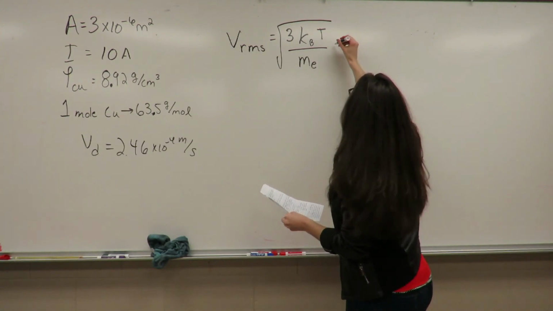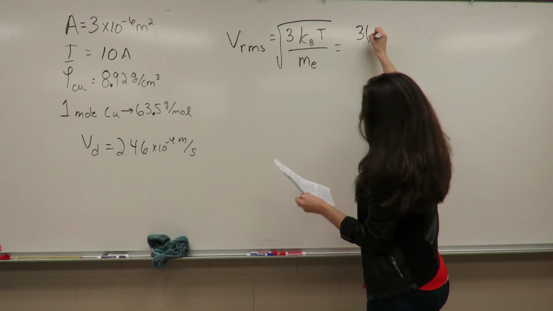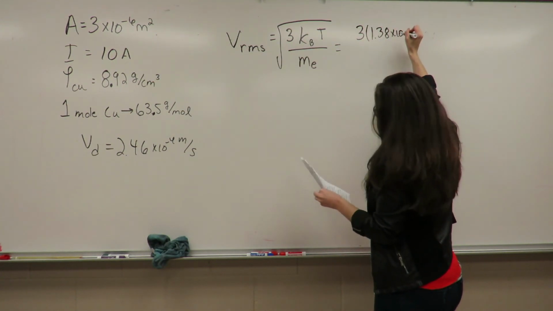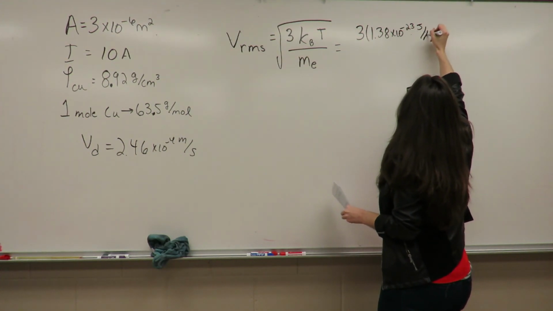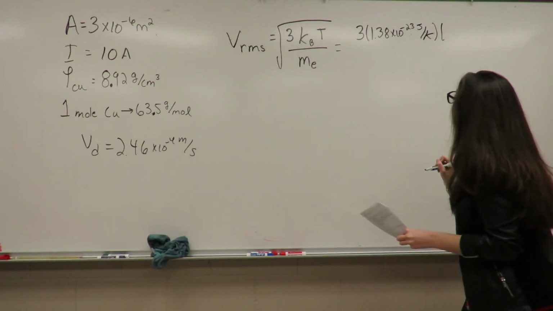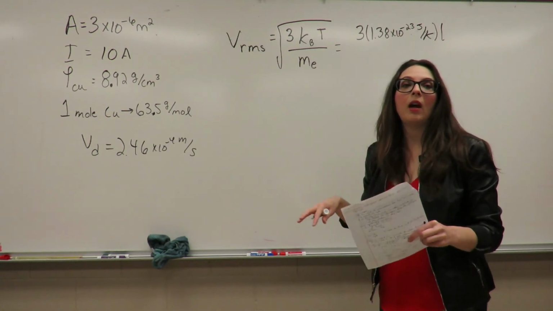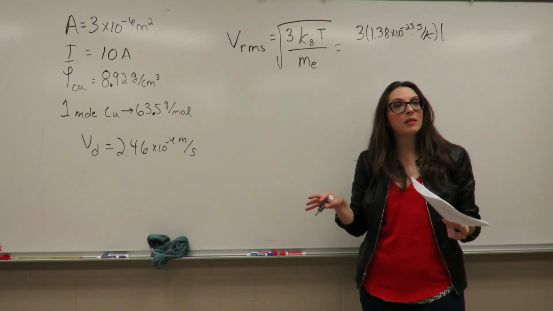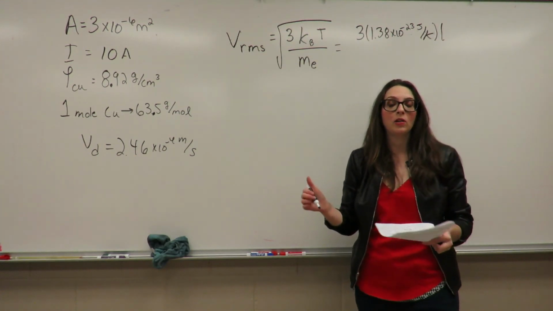Okay? So this is going to be equal to 3 times our Boltzmann constant, which was 1.38 times 10 to the minus 23 joules per Kelvin. And then we have to multiply that by our temperature in Kelvin. So we're told that our gas is at a temperature of 20 degrees Celsius. To get that into Kelvin, we take 273 plus 20.